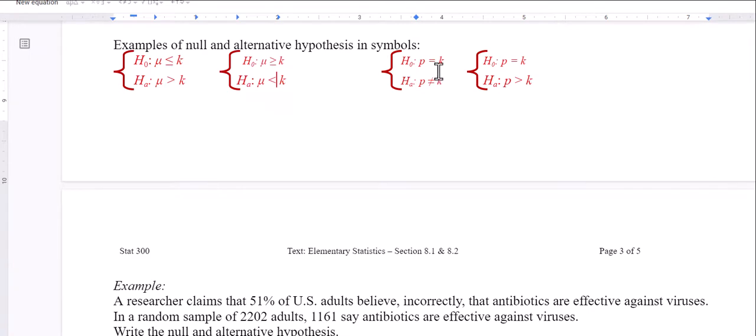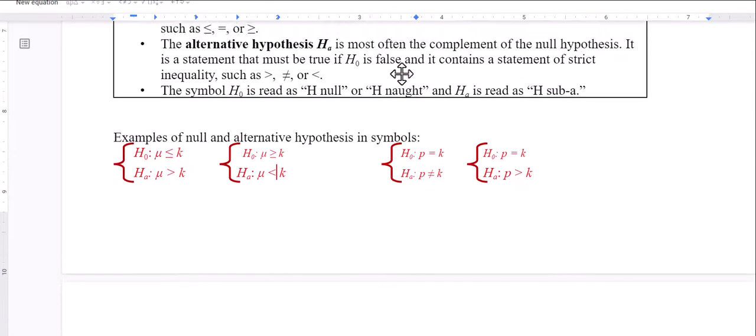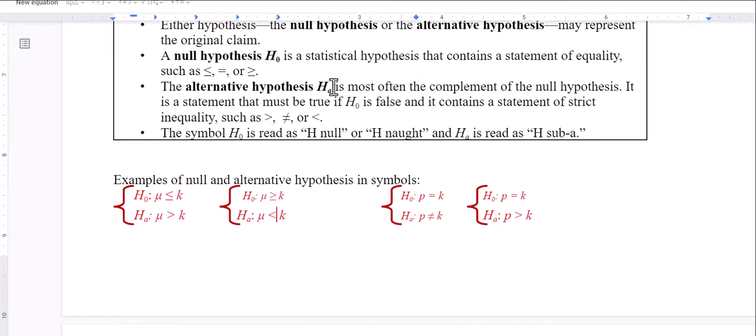And these are about a proportion. So P equals k, and I just changed the symbols, but I could have a P there. And notice here, this is why I said most often, the alternative hypothesis is the complement of the null hypothesis, but it doesn't have to be.